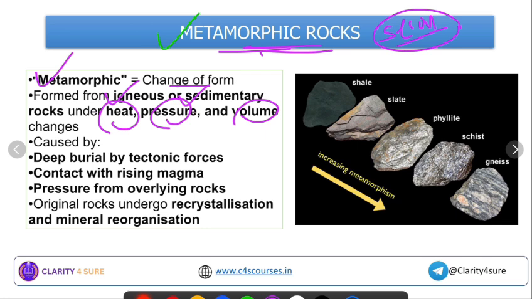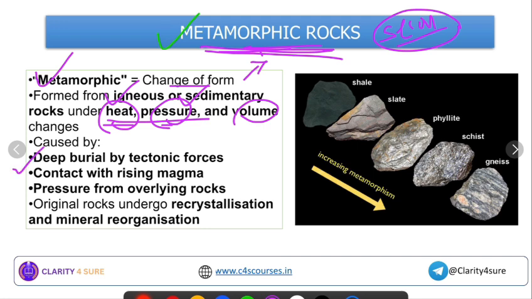So this heat, pressure, and volume change will change its form. It will change its mineral, the overall molecular structure, texture, color. All the physical and chemical properties will be altered because of this heat and pressure exposure. Because of all this reason it is called a metamorphic rock.